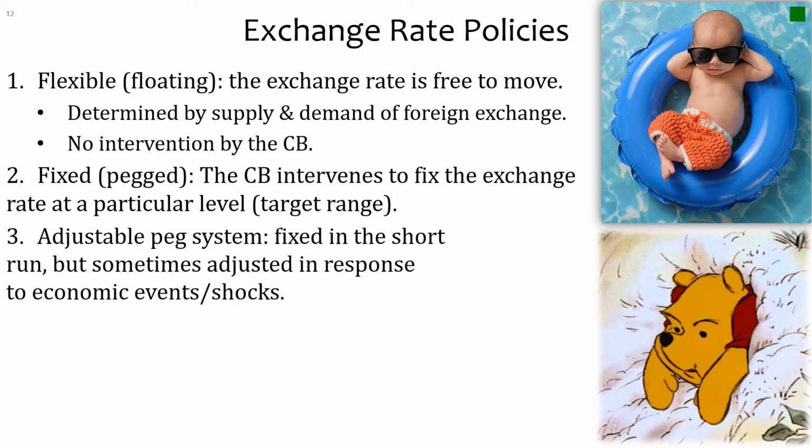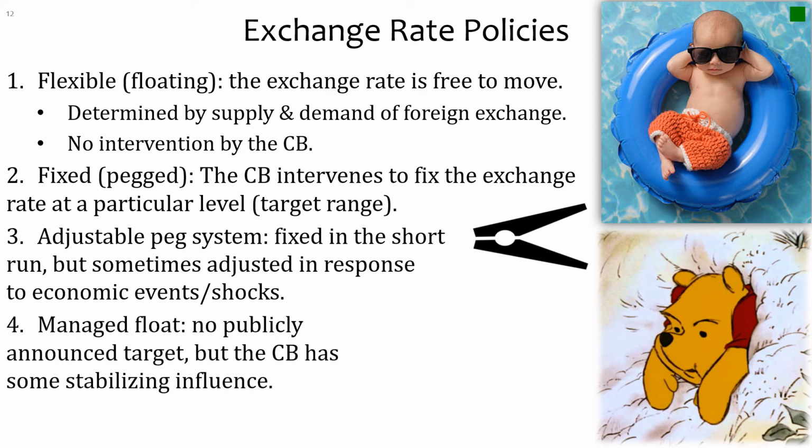Can't move. Then we have two hybrid models. One of them is called adjustable peg system, which is fixed in the short run, but sometimes adjusted in response to economic events and shocks. So this is predominantly fixed, but not 100%. So there's some level of peg and some long run adjustments.